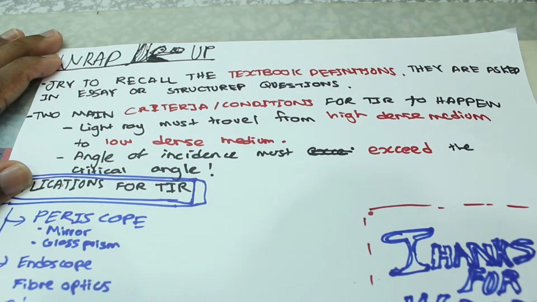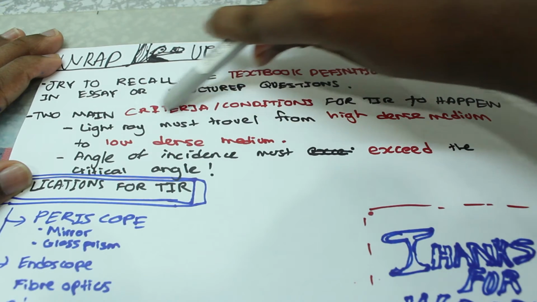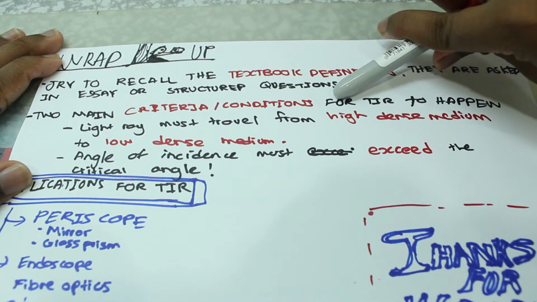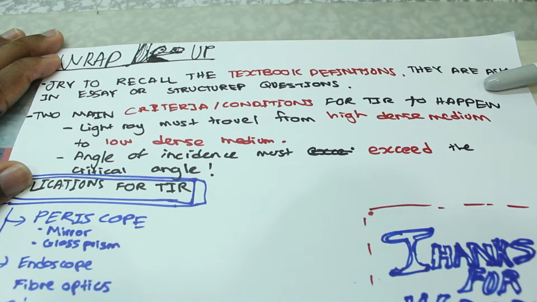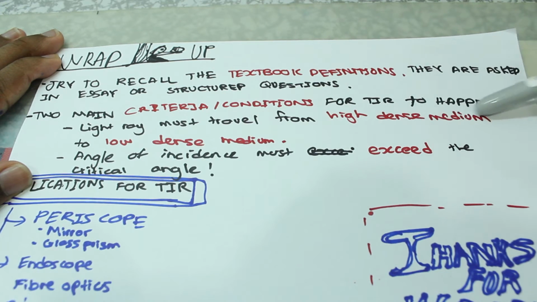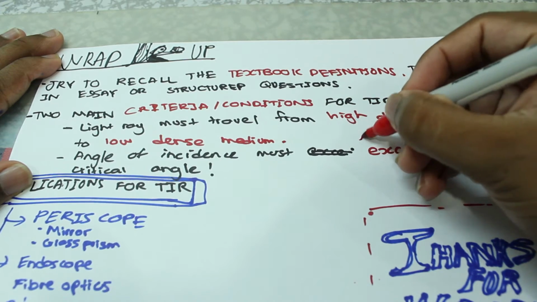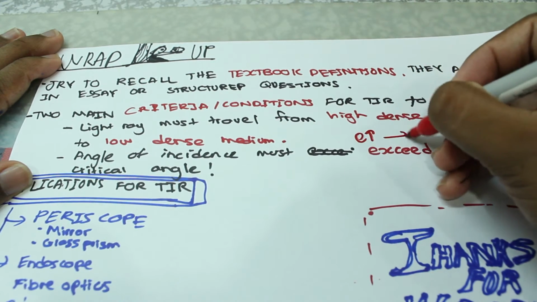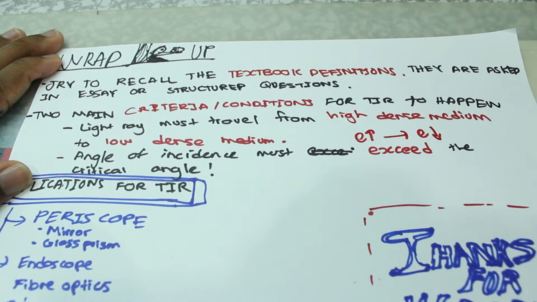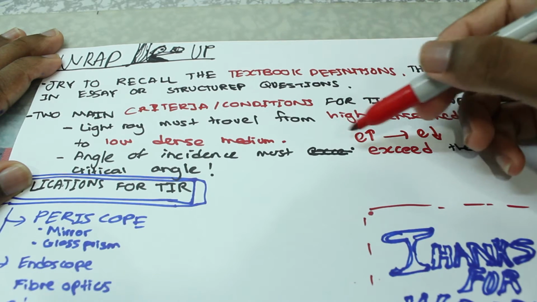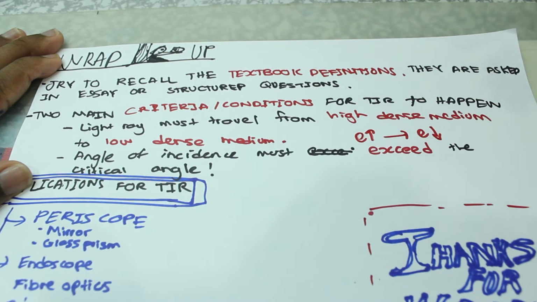And you should remember the main criteria or conditions for TIR to happen. Okay, this is very important. So light must travel from a high dense medium to a low dense medium. If this condition is not fulfilled, or any one of these conditions is not fulfilled actually, total internal reflection won't occur.